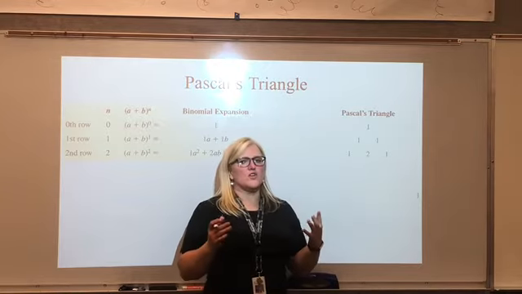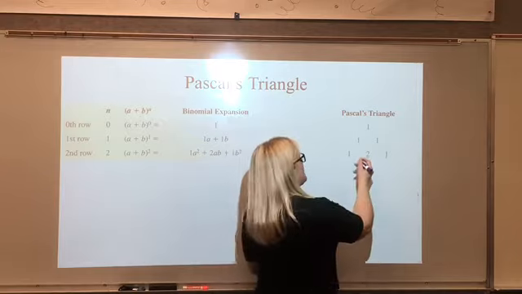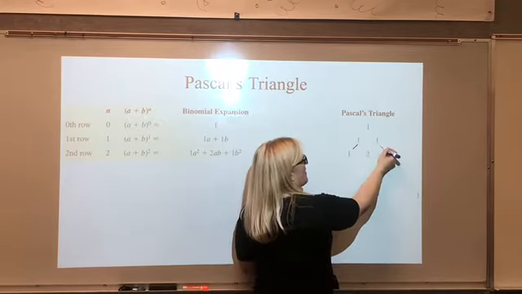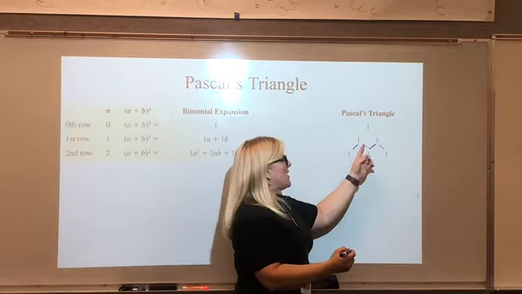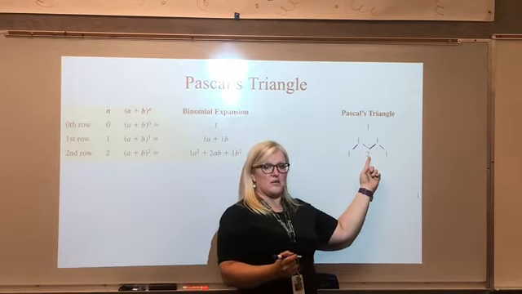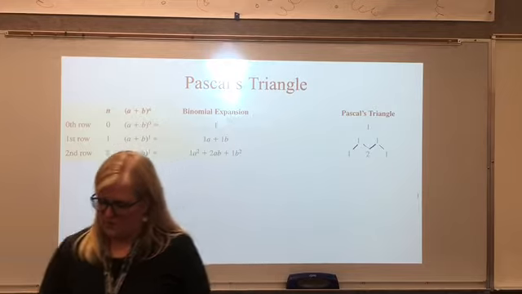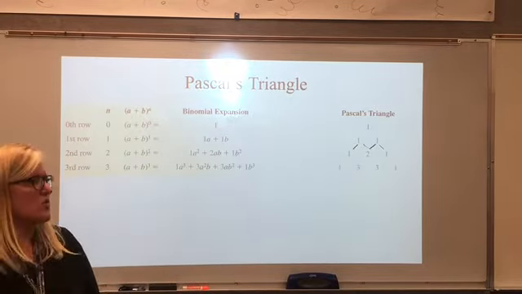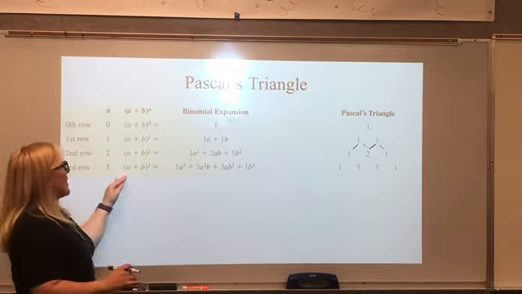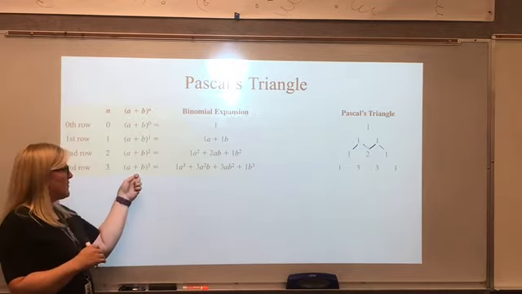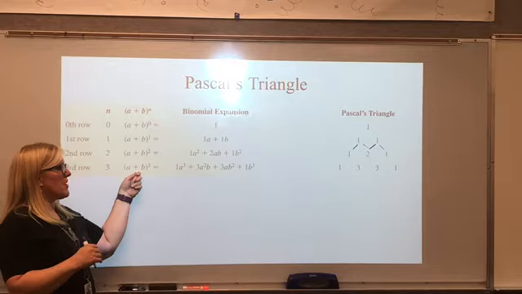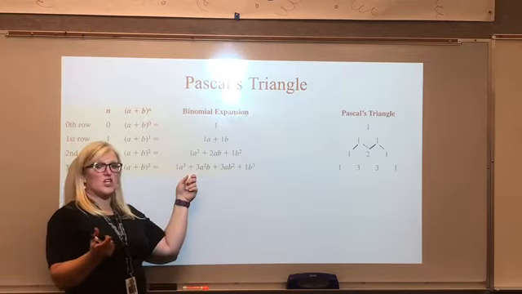Okay, and what I want you to notice is that the ones just keep coming down like this, but in between each one of these, they add up. So let's look at the next row. So the third row, it's the fourth one down. But a plus b to the third power, okay, this is a cubic, right?